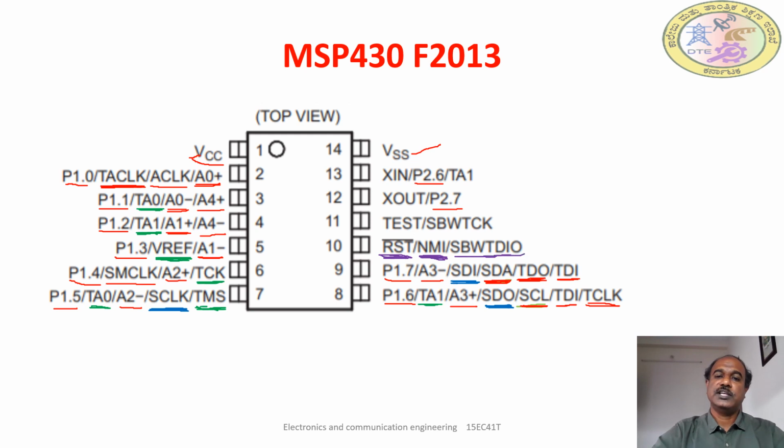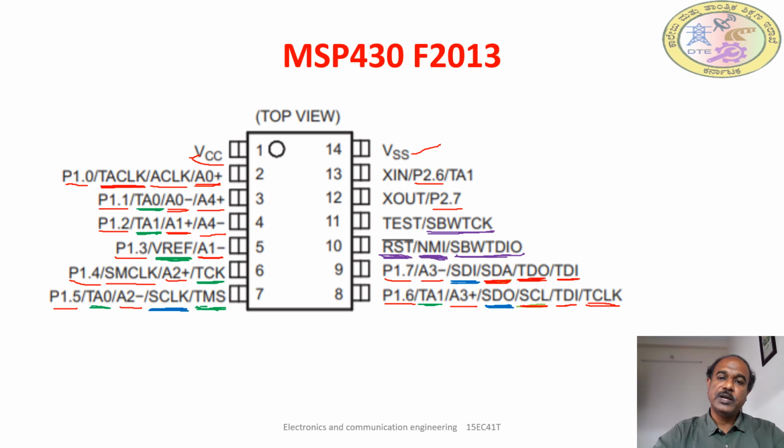This function and this function, SBWTDIO and SBWTCK, where SBW stands for Spy-Bi-Wire, or SPI by wire. As you know, for programming the device and for testing purposes, we are using the JTAG interface on this IC. The same programming and testing can be done by using only two wires, that is these two pins.